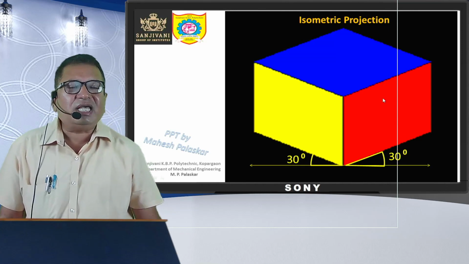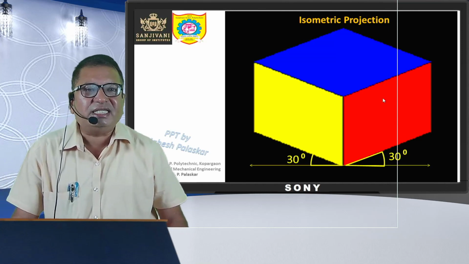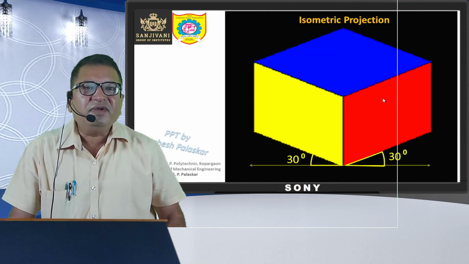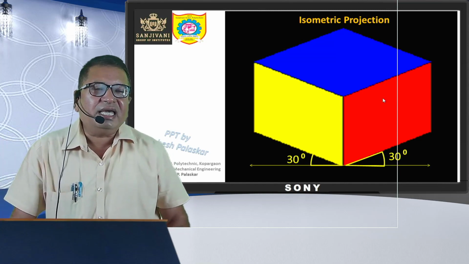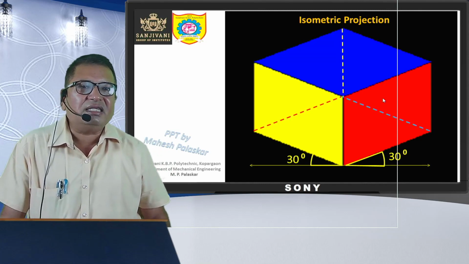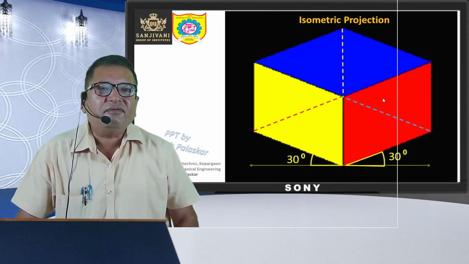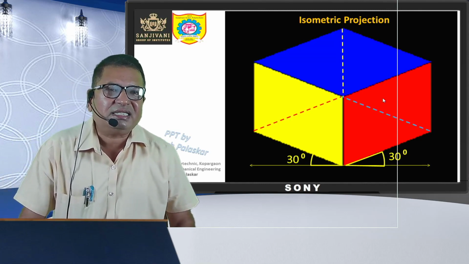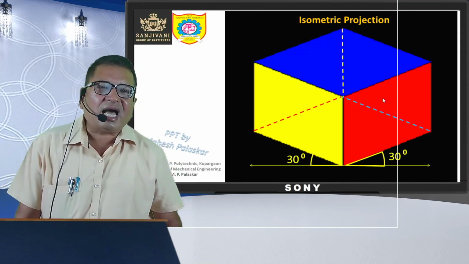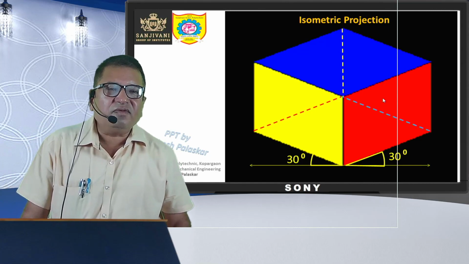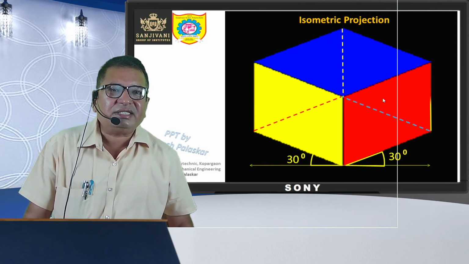Now this cube is having several faces, several edges. So we can see a few of the edges, and the edges which cannot be seen are these 3 edges. Dotted edges are shown, and total edges are 12. So we have 4 vertical edges.